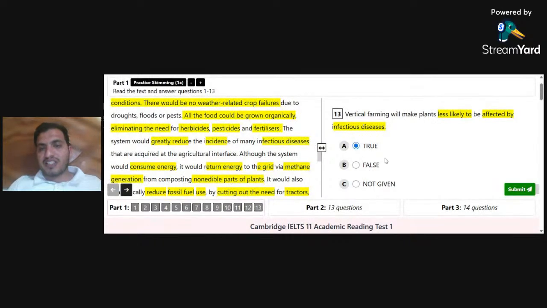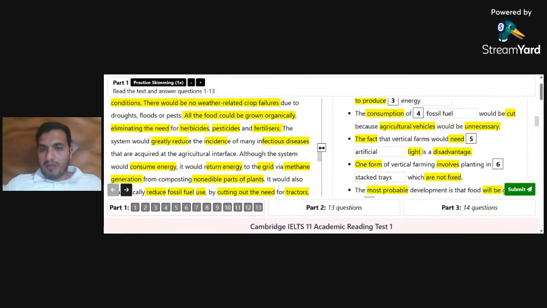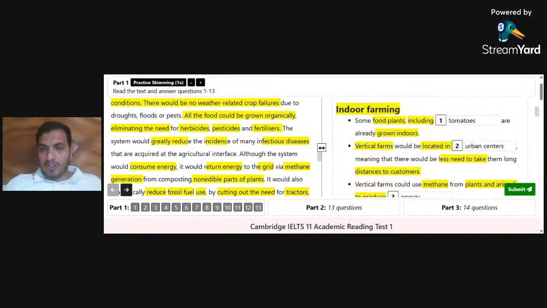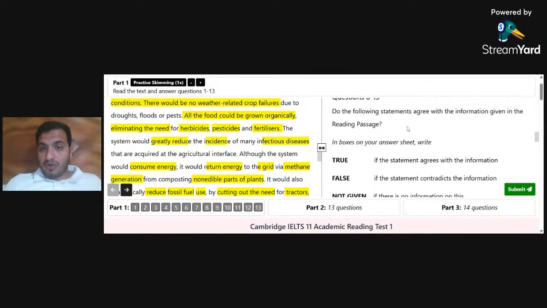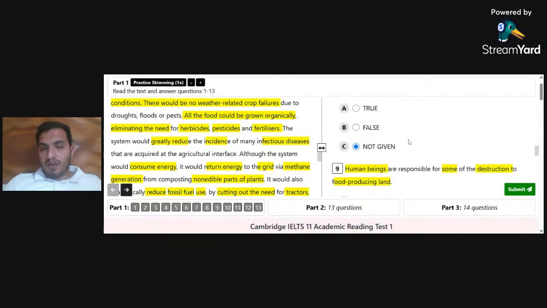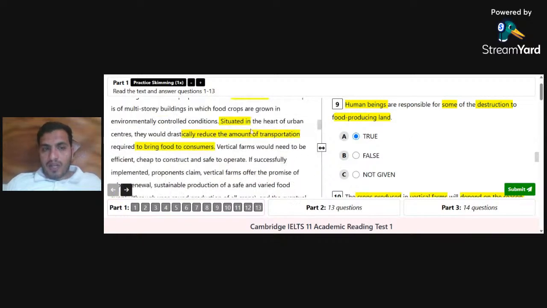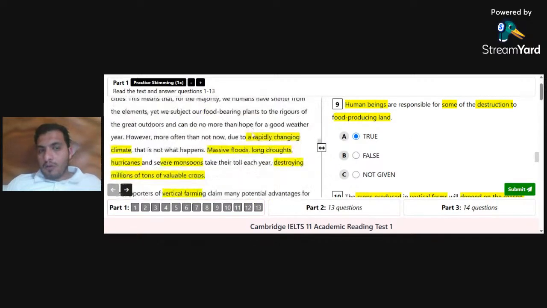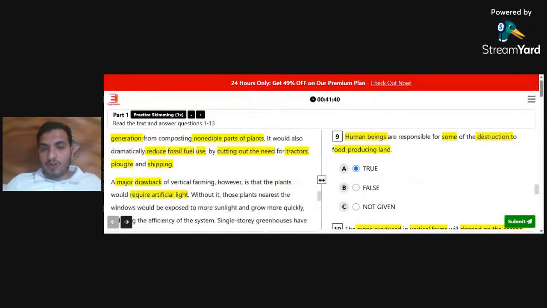So इस तरह से आपने you can see your fill in the blanks, notes completion, sorry, completing the sentence and your true false not given. These are all the paraphrasing. हर क्वेश्चन में पैराफ्रेजिंग हुई होती है और आपने देखा होगा मैंने कितना ज़्यादा पार्ट्स हाइलाइट किए हुए हैं, जहाँ-जहाँ से मुझे वो सेम वर्ड मिले.